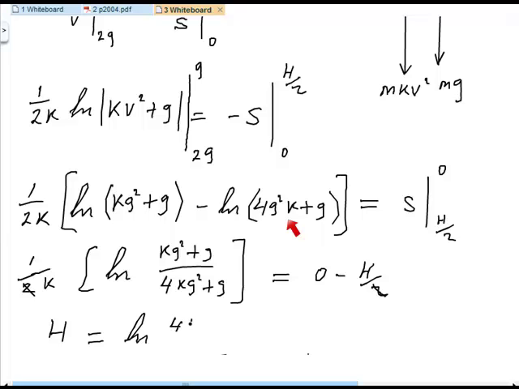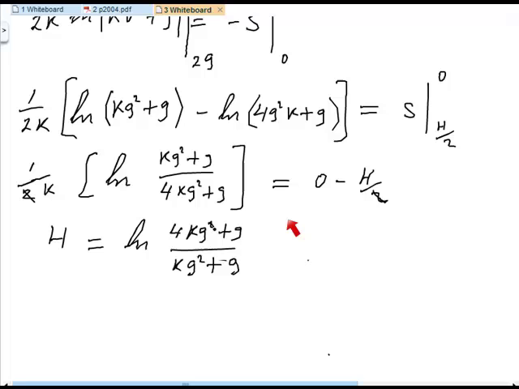So it's log of 4kg squared plus g over kg squared plus g, and you could have cancelled the g's earlier, these g's just go, and not forgetting that there's still a 1 over k on the outside there, so it becomes h equals 1 over k, just tidy this up, ln 4kg plus 1 over kg plus 1.